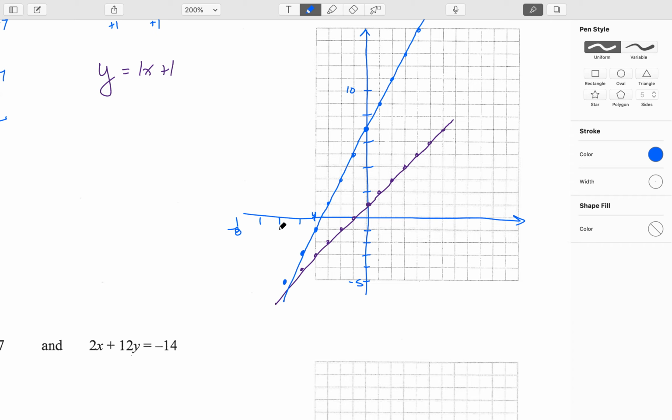So if I go minus 6, it should be down 5. Is that the same as this one? Right? Minus 3, positive 4. Down 1 and over, which puts it here, and then down 1 over. So yeah, it's going to be the same point, minus 6 and minus 5. So the point of intersection is minus 6 and minus 5.